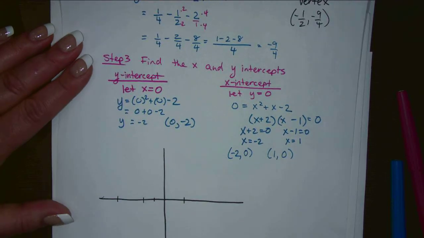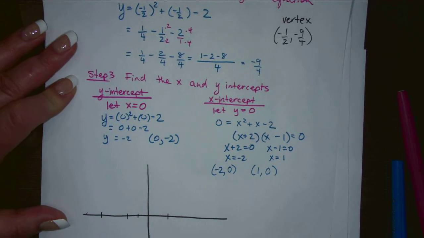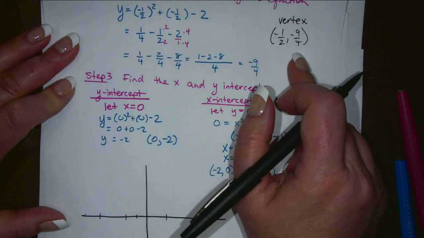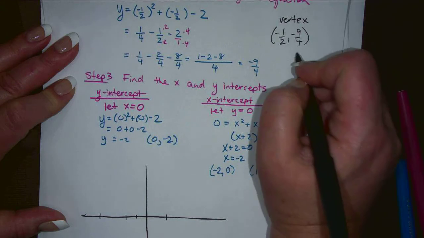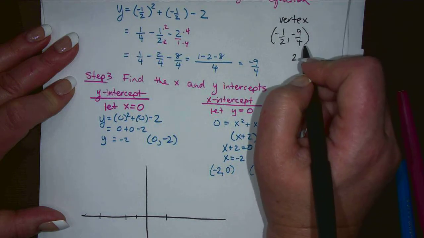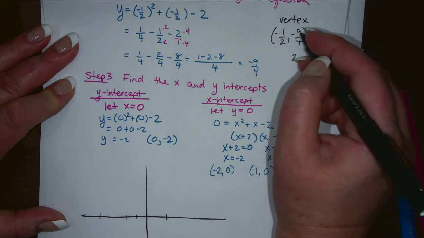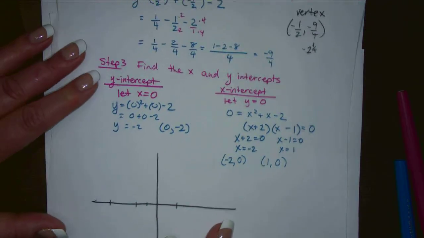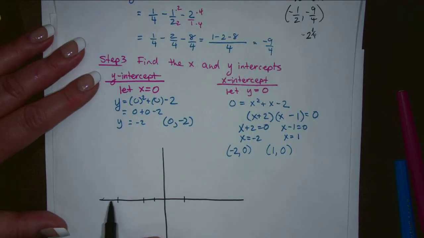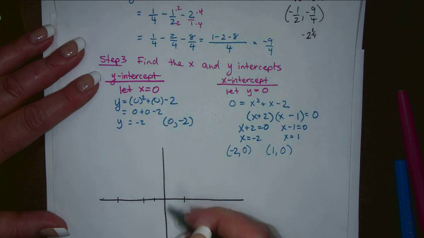And what's the y value for that vertex? How many times does 4 go into 9? 2, with how many left? 2 would be 8, so there'd be 1 left. So it's negative 2 1/4. So 1, 2, or sorry, down.